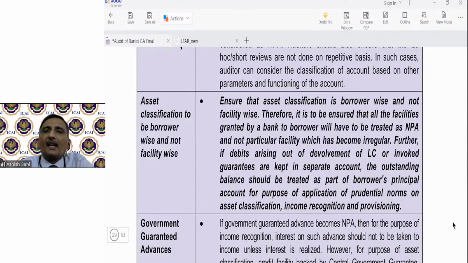Although the CC account is operating satisfactorily within the limit, it has not become out of order. So although the CC account is operating satisfactorily, since the term loan account has become overdue, it has become NPA. So the CC account would also be classified as NPA. This is again as per RBI norms.